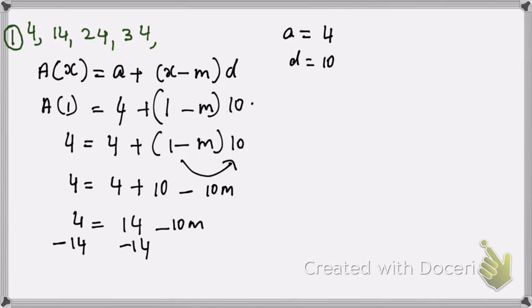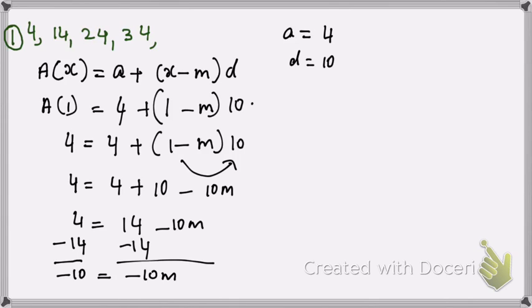So you'll get 4 minus 14 is negative 10. So you get 4 minus 14 equals negative 10. And on the right hand side, you will get 14 minus 14 equals 0, and 0 minus 10m, meaning just negative 10m now, right?